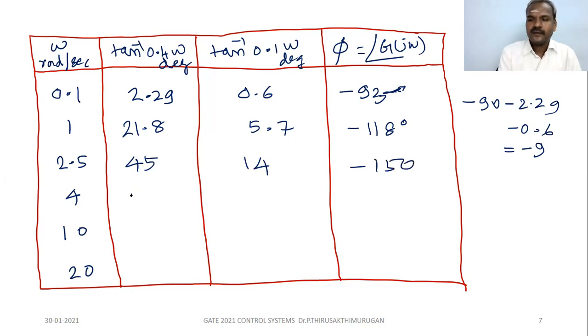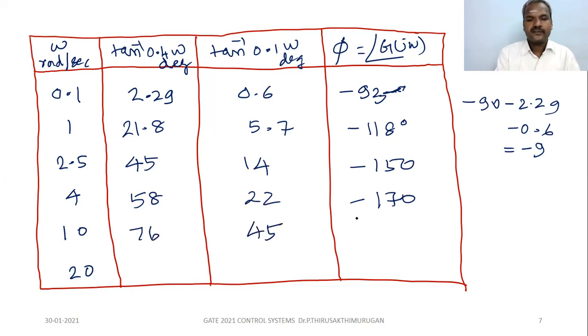For 4, 58 degree, 22 degree. So net is minus 90 minus 58 minus 22, which becomes minus 170 degree. So for 10, this is 76 degree. This is 45 degree. So minus 90 minus 76 minus 45, minus 211, right?